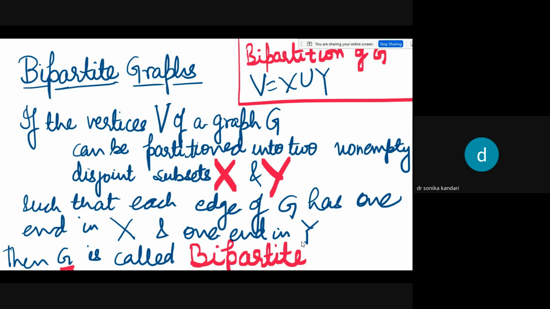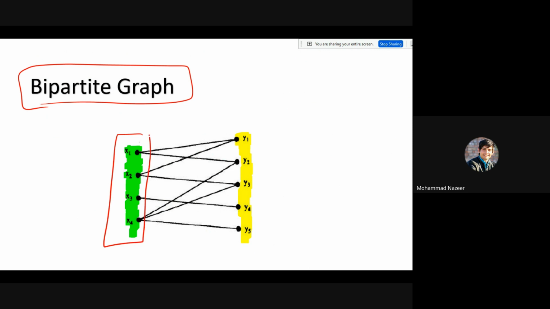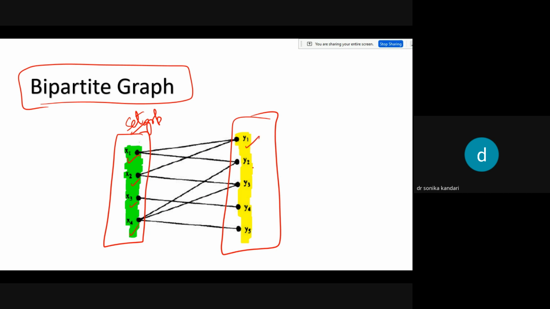Now coming to the bipartite graph. Can you see this diagram? We have one group of vertices here: x1, x2, x3, x4. We have another group of vertices here: y1, y2, y3, y4.